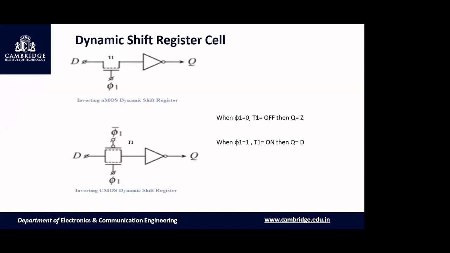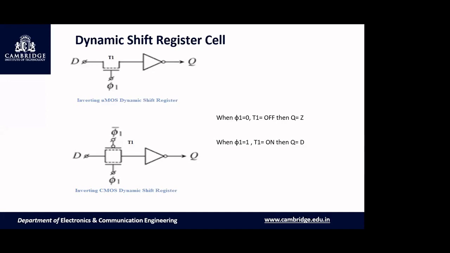Last class, I had taken an example of a dynamic shift register. I had covered the dynamic shift register in module 2 itself. There we had drawn the circuit diagram, stick diagram, and layout diagram for the NMOS inverting shift register as well as for the CMOS inverting shift register. Here we'll try to analyze them.